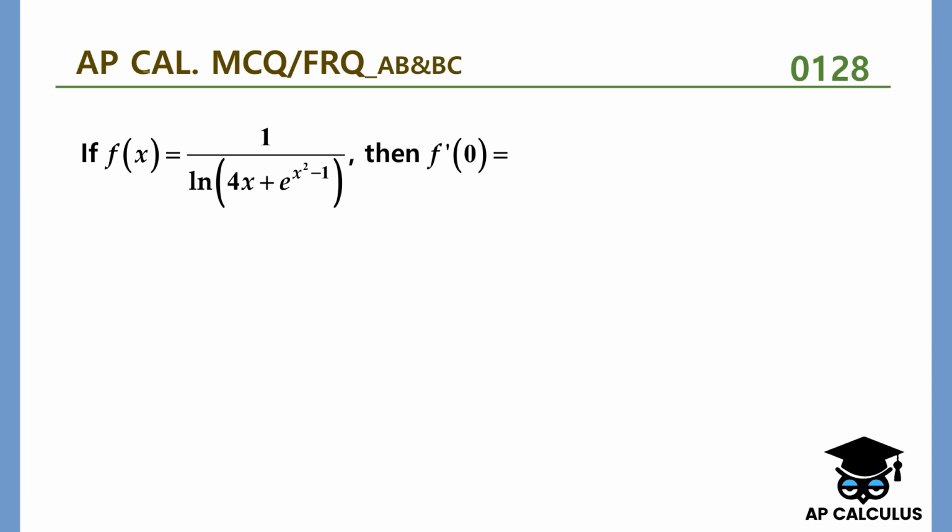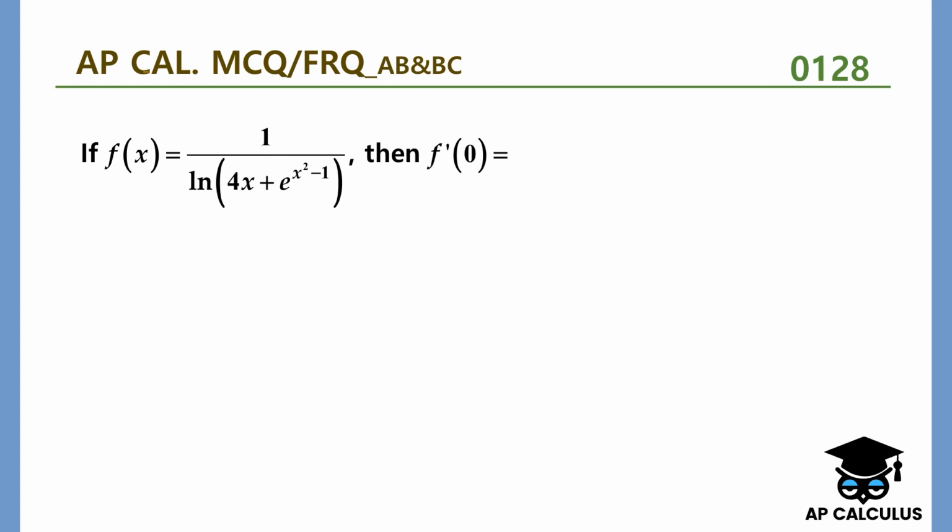Question 128. If function f is defined as this, then the question is, what is the value of f prime 0, right? So we're going to have to find the derivative of this function, and we're going to substitute 0 for x. Here, this is a rational function, but the numerator is constant, right?